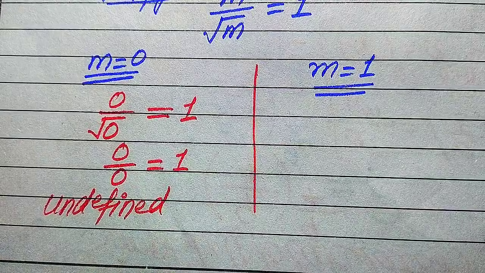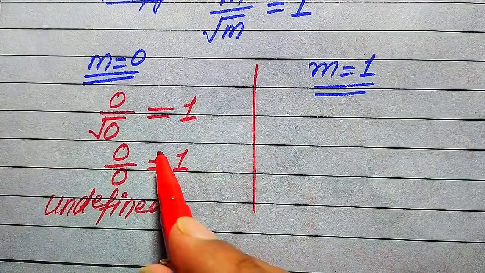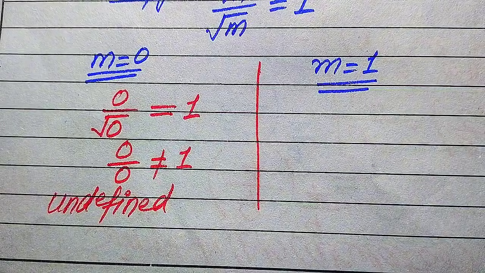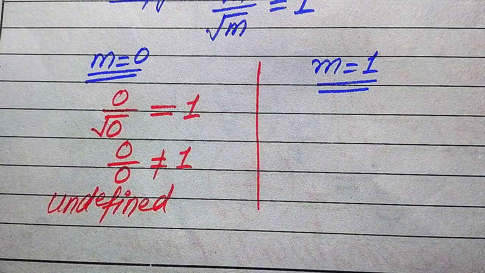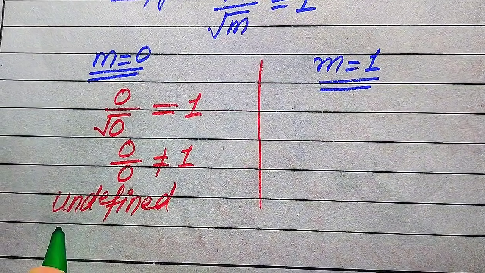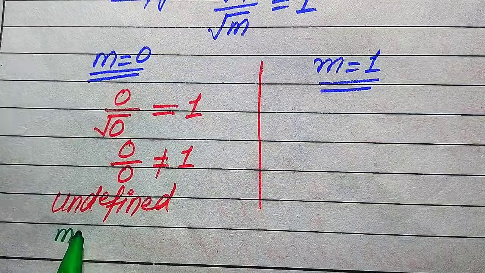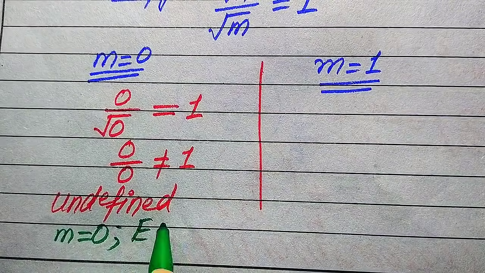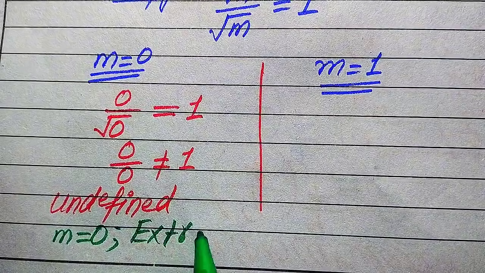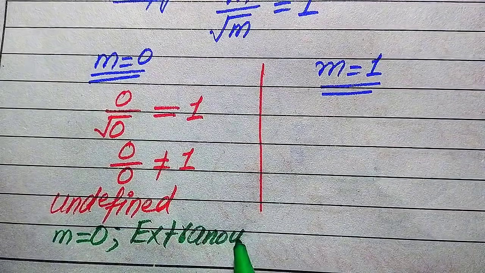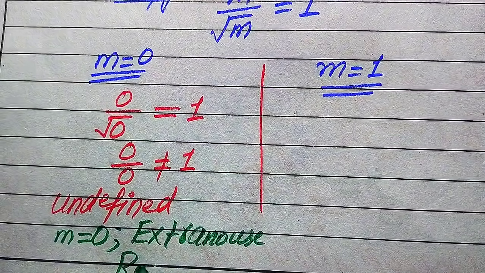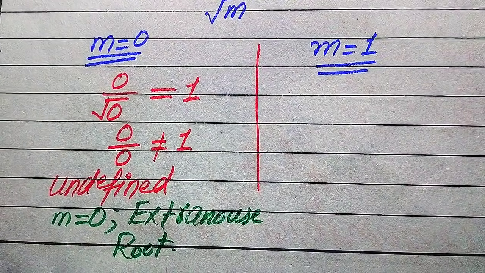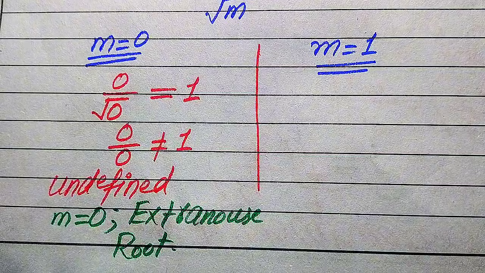If our left hand side is undefined, this means that both of the sides are not equal, and this concludes that m equals to 0 does not satisfy our given question statement. So we call m equals to 0 the extraneous root of the given equation, because it does not satisfy our given question statement.